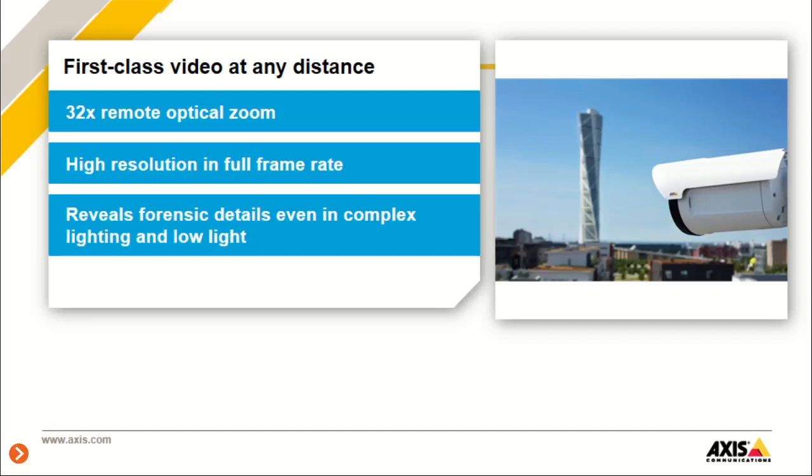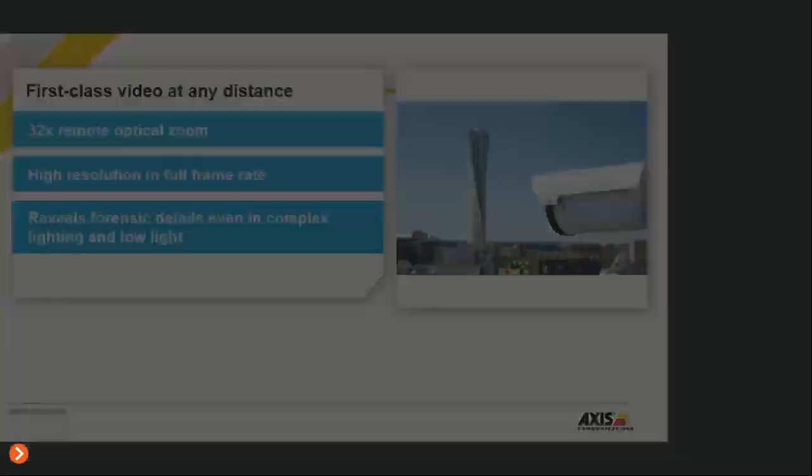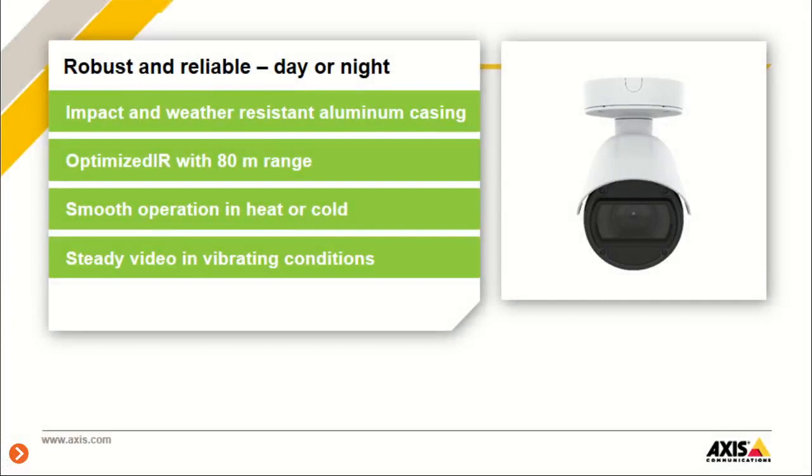So we deliver high resolution in full frame rate. Again, it's a 1080p or a Quad HD version. And we can actually go up to 60 frames per second. So not only full frame rate, but 60 frames per second. This is for really, really demanding situations, and also for LPR when the speed of the car is going up. This is also really important.